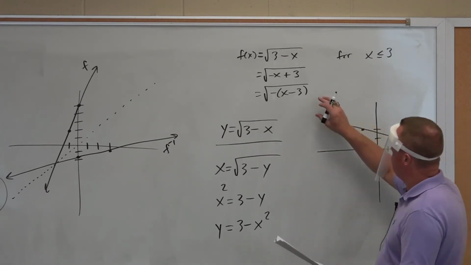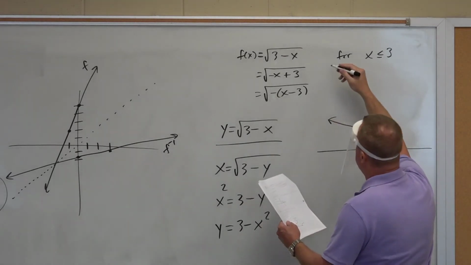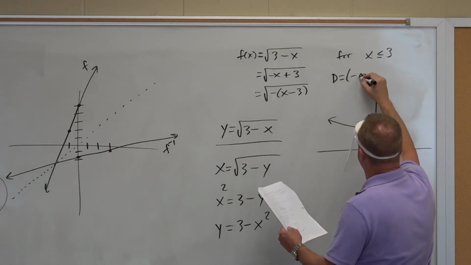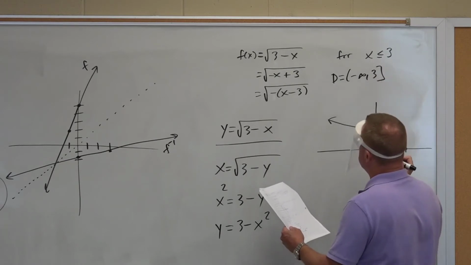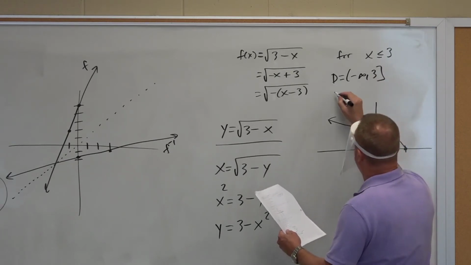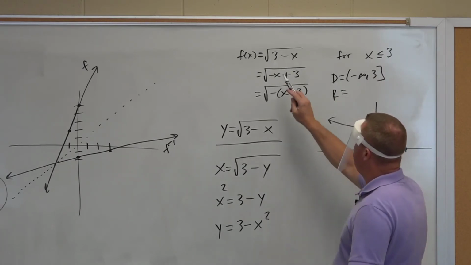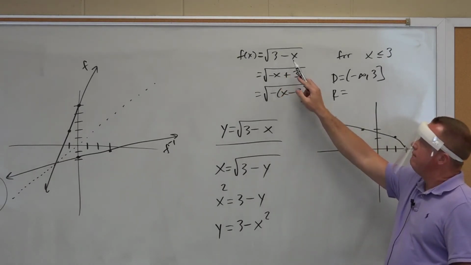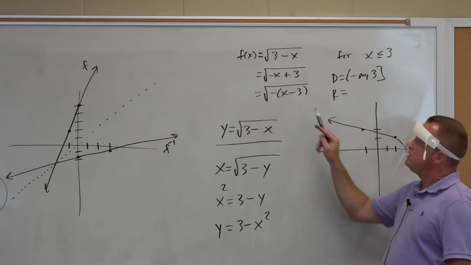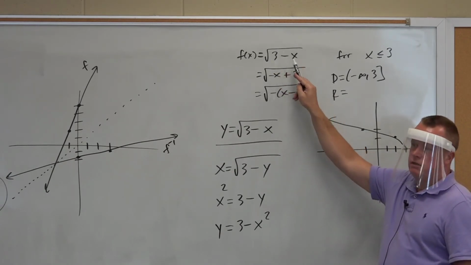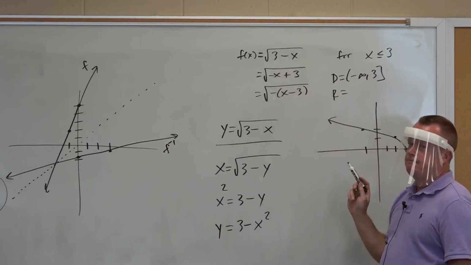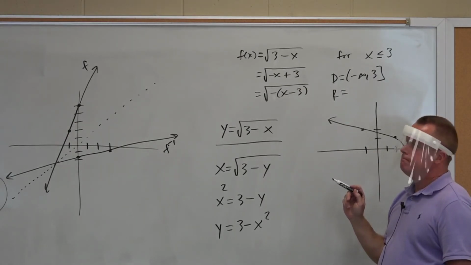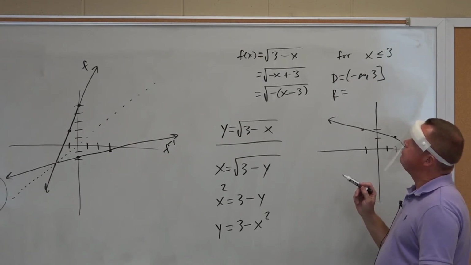Now, for this one that we started with, the domain was negative infinity to 3. Okay. The range, what would the range be for this function that we started with? What's the smallest this can equal over here? The range be a negative infinity to 3.